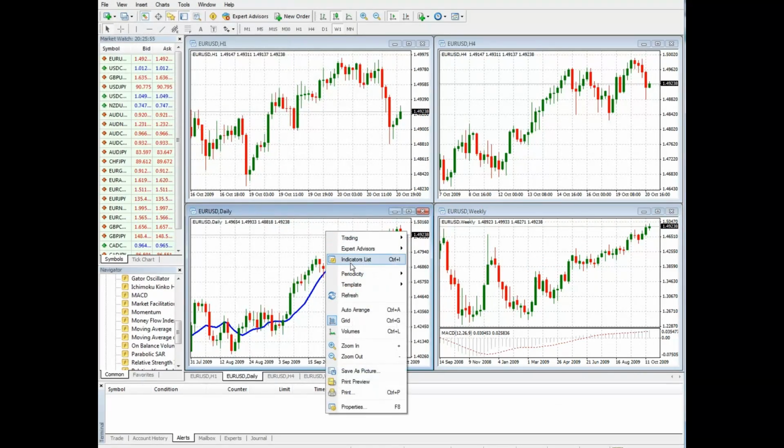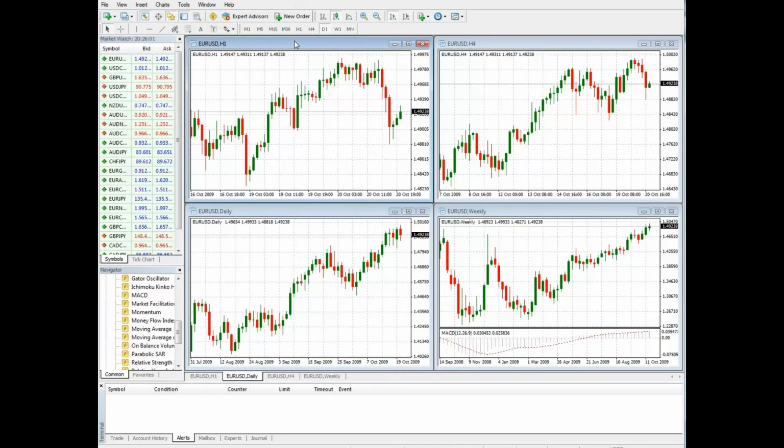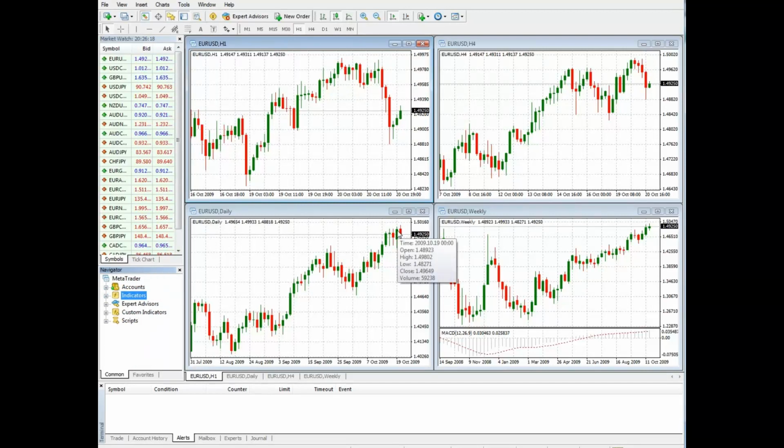Right click or Control I. Just cleaning up the charts here, so the charts are all nice and clean. So you see where that is on the navigator menu for all of your indicators, expert advisors, custom indicators as well. And that's basically it.